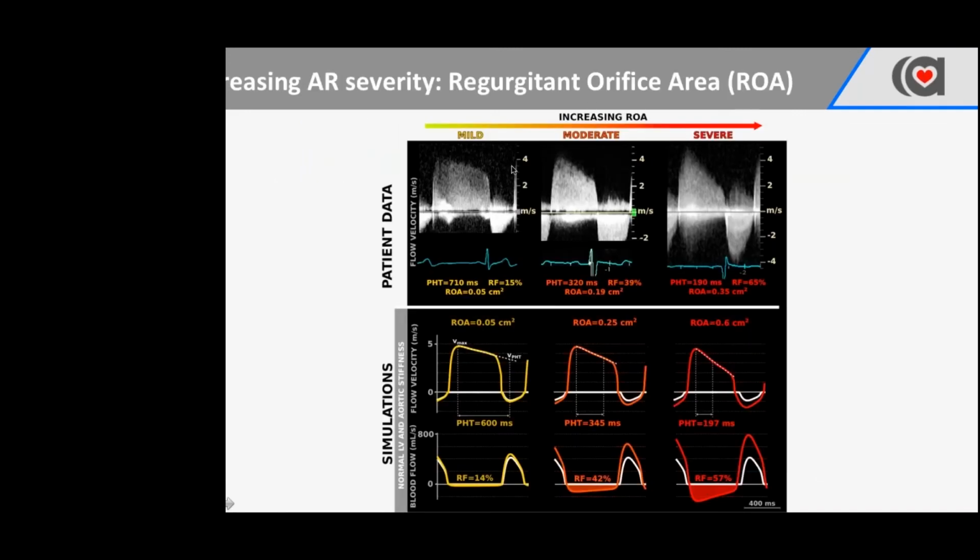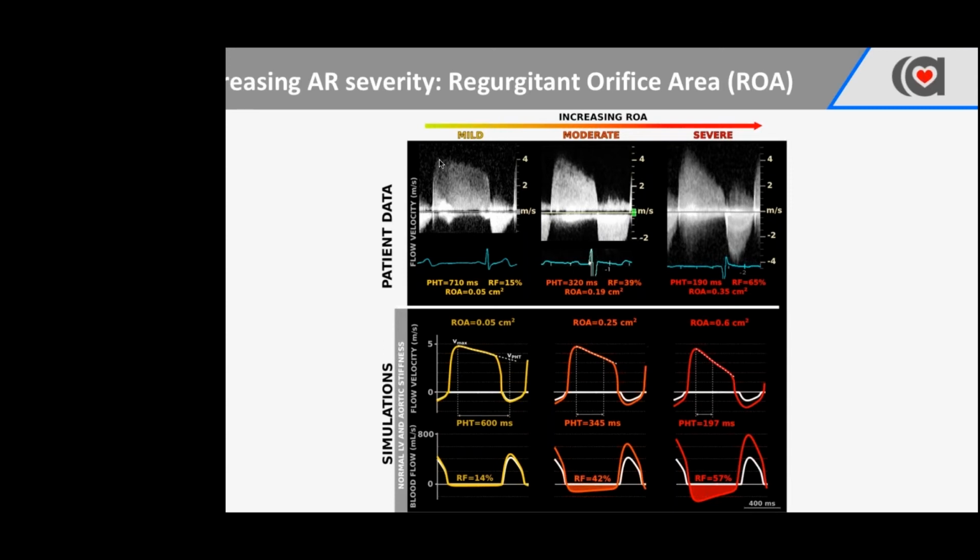And what you see here is that with an increasing regurgitant orifice area, the slope of the backward flow changes. This is the flow velocity across the valve, and this is the backward flow. It's a very high flow velocity, because of course the driving force from the aorta with its diastolic pressure is so high compared to the left ventricular pressure during diastole, especially at the beginning of diastole, that you get flow velocities of 4 to 5 meters per second.